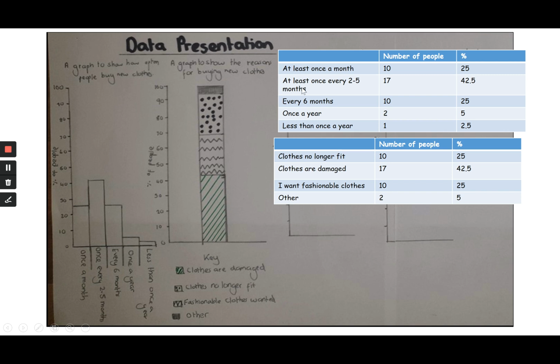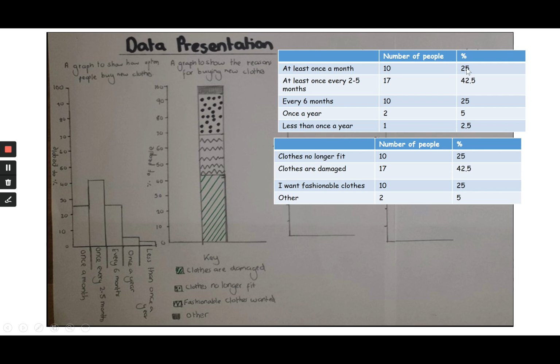And I've got the data here just to help us. So what I've done is I've taken a 10 centimetre ruler and I've measured 10 centimetres upwards, because I don't have any graph paper, unfortunately. And I've marked every time I've gone up 10 centimetres. So I've gone up 10, 20, 30 and so on. And this represents a percentage of people who have answered in a certain way. So we can see here, at least once a month was 10 people, but I'm going to ignore that column really because I'm looking at the percentage.